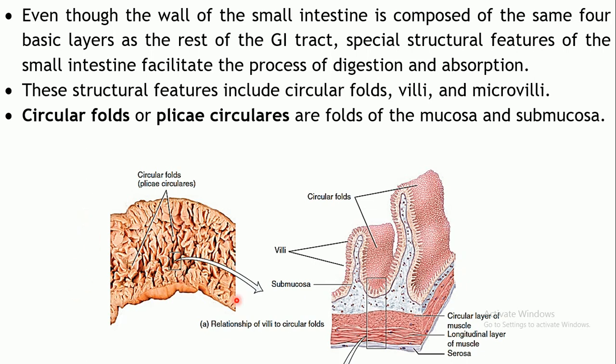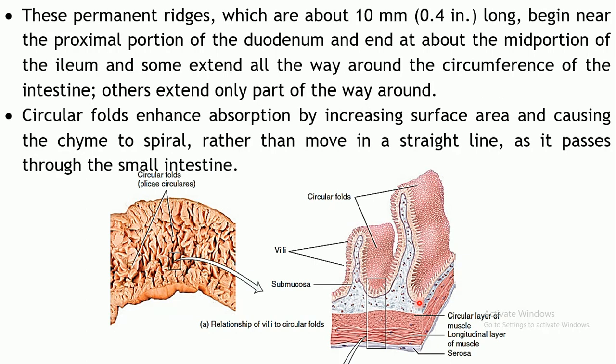So this is the length of the small intestine, and as you can see, these are located circumferentially. That's why these are known as circular folds. Your mucosa and the submucosa are placed in the form of folds, and these are known as circular folds.